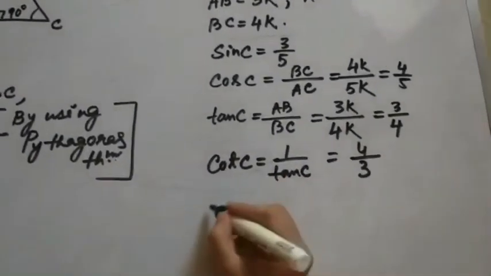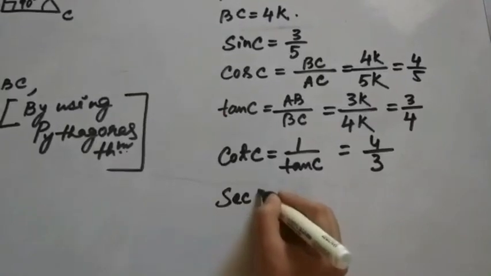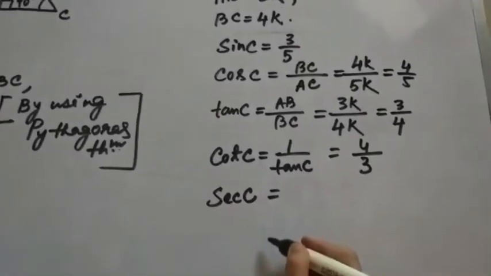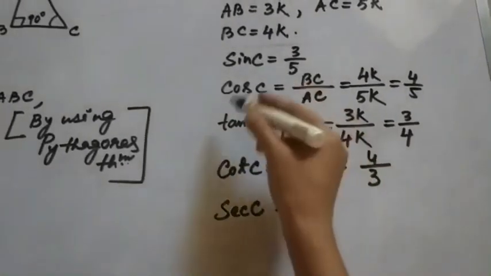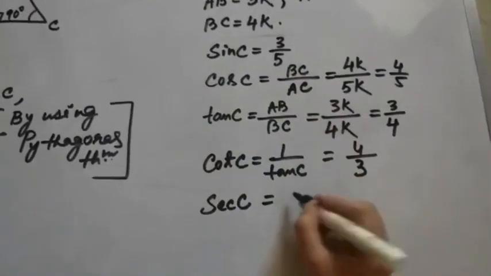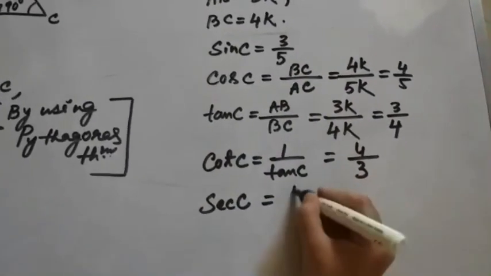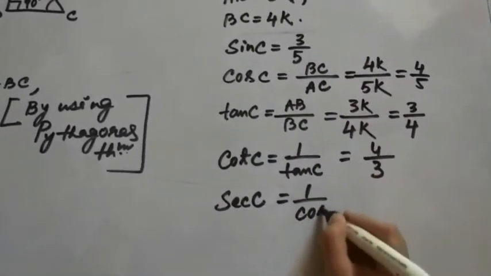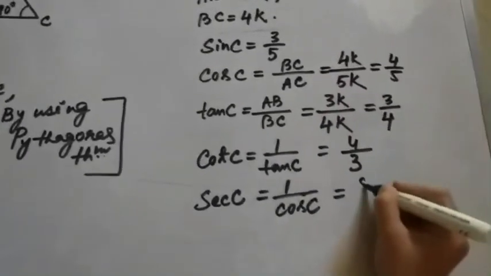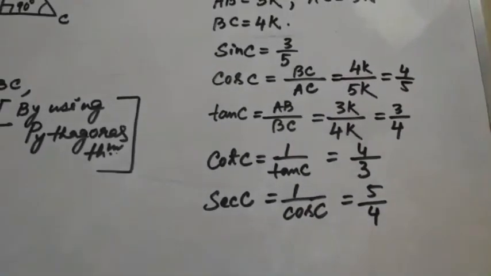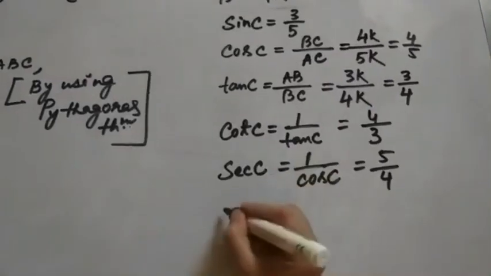Okay. Next sec C. It will be the reciprocal of cos C, that means 1 by cos C. That will be 5 by 4. After that cosec C.